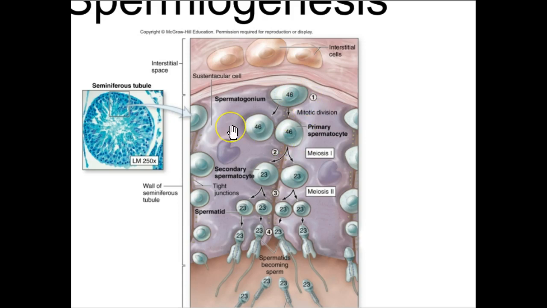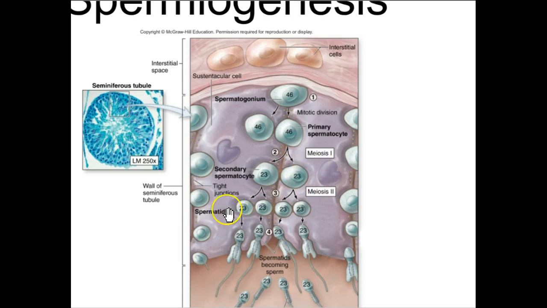It undergoes a single mitotic division, just like the oocyte did, and at that point, we call it a primary spermatocyte. This is pretty much identical to the oocyte development at this stage. Then meiosis I occurs, and now we call it a secondary spermatocyte. It's still the same as female reproductive.